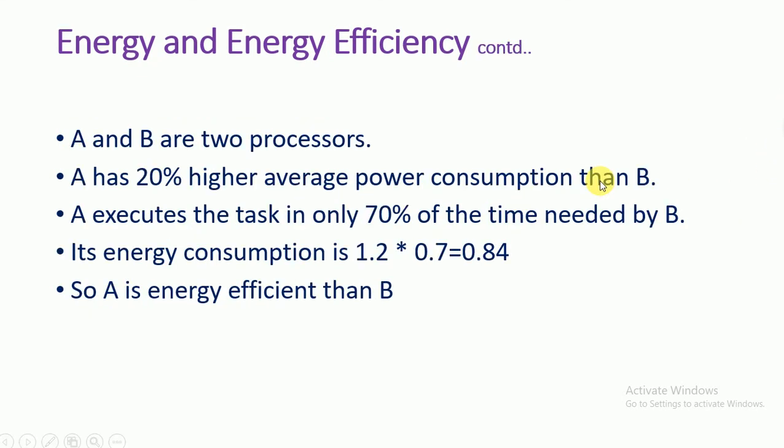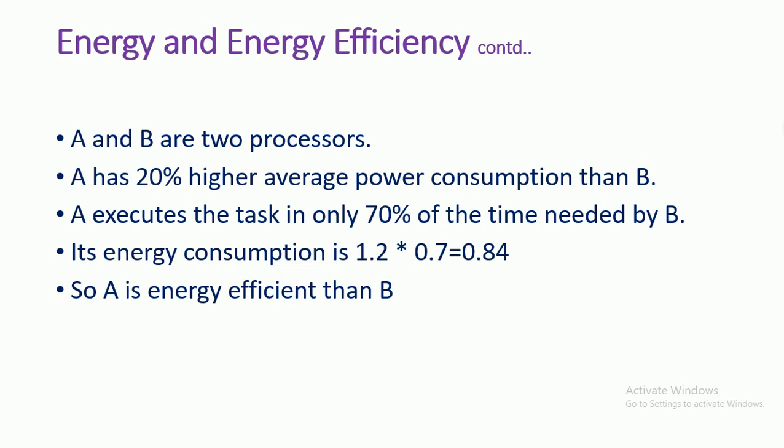So I hope it is clear. It is not like a problem; it is just a comparison between two processors. It may vary, depending on the power consumption or the time taken for completing the task. Sometimes the power consumption is more and the time taken is also more, so the energy efficiency will vary.